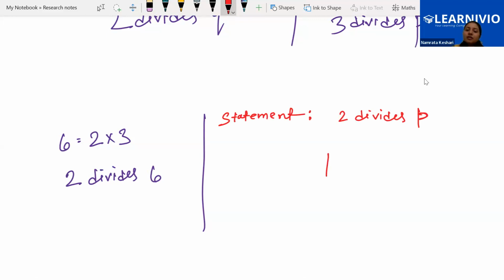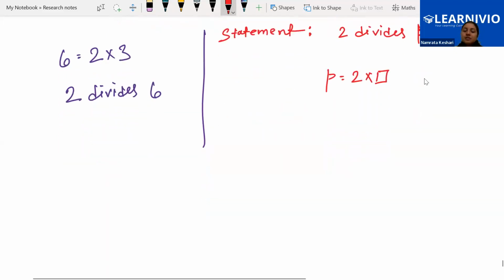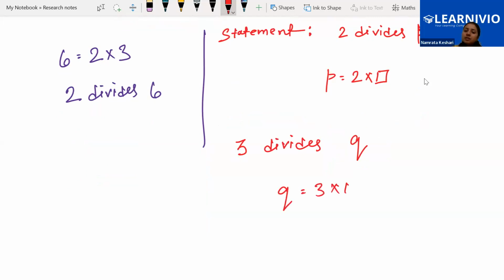Can we write it over here that p is equals to 2 into something? Can we? Yes, ma'am. Similarly, if it is written in the question that 3 divides q, can we write q is equals to 3 into something? Yes, ma'am.